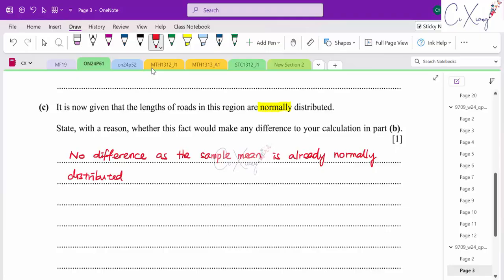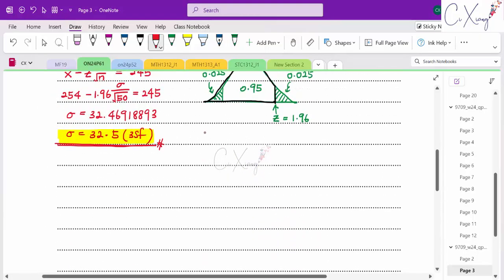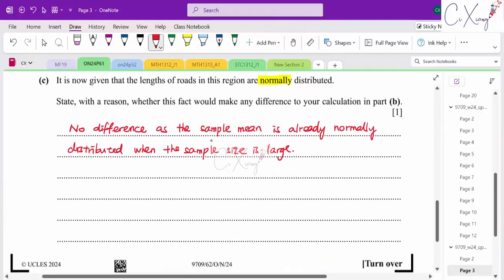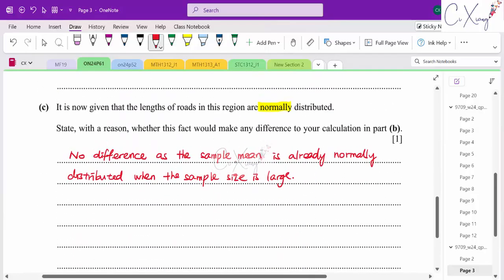So you can write, when the sample size is large, automatically the sample mean is normally distributed. So you don't need the statement that the population is normal, then only you can use the normal distribution to calculate the answer in part B. So basically this is how we answer question number 2.